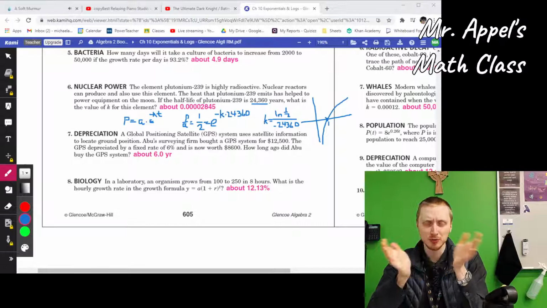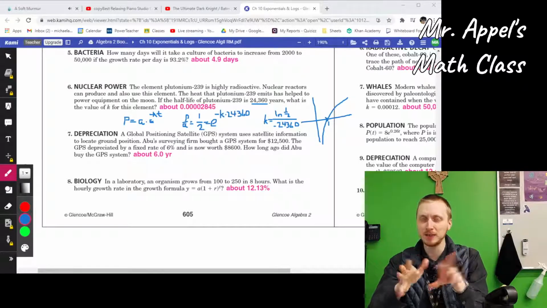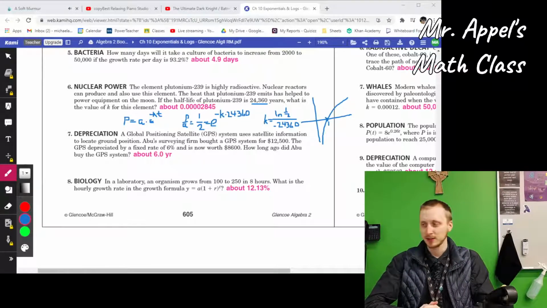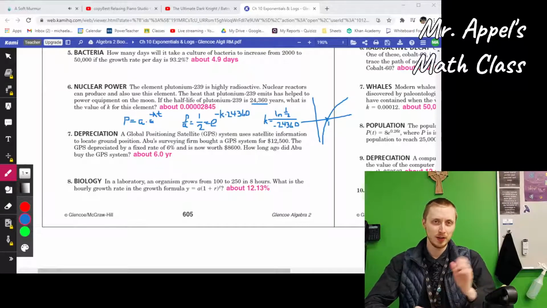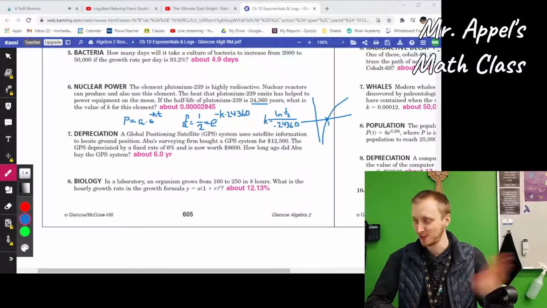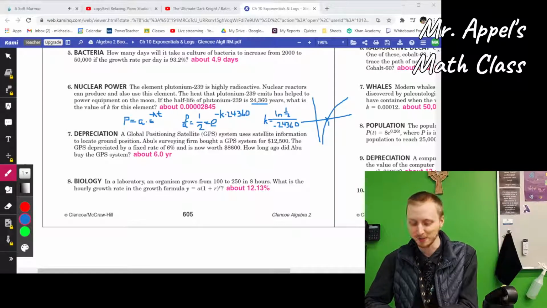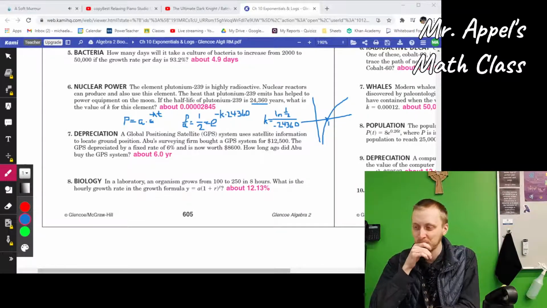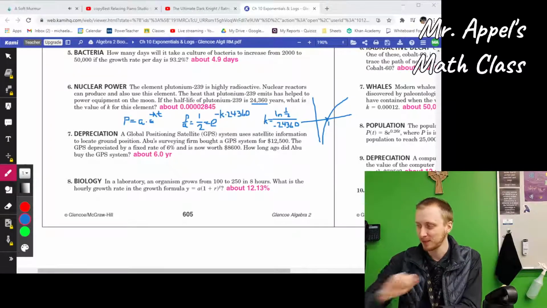Which is a shame, because natural log is so beautiful. You'll learn to love it. You really will. Especially when you get to calculus. Don't worry. All of a sudden, natural log is the most amazing thing ever because it actually simplifies everything. It's the easiest function to work with. But not yet. That's why we practice.